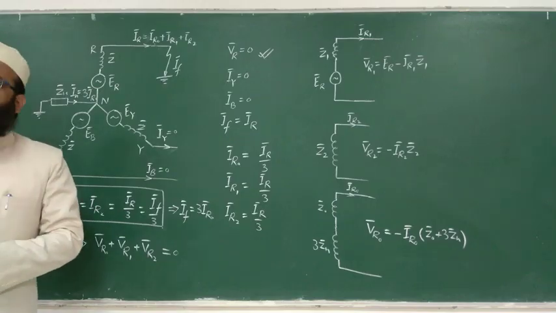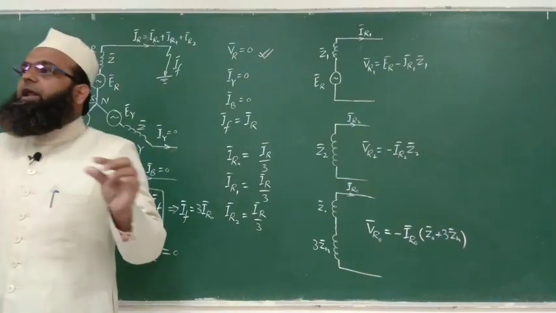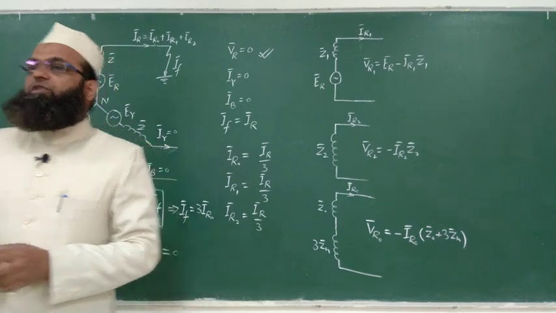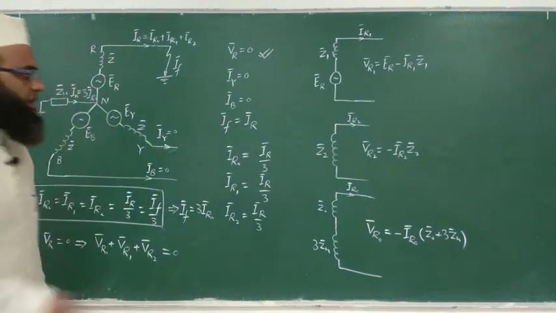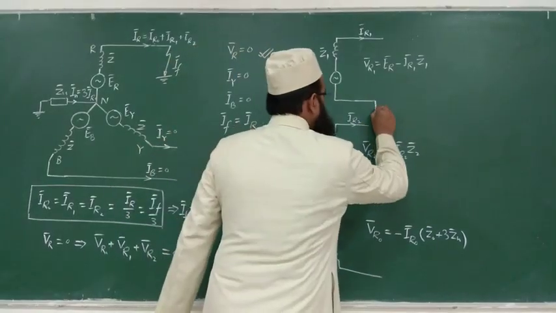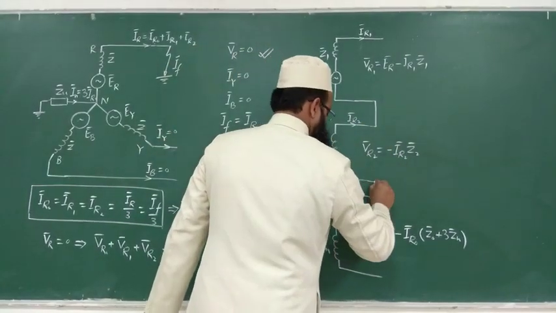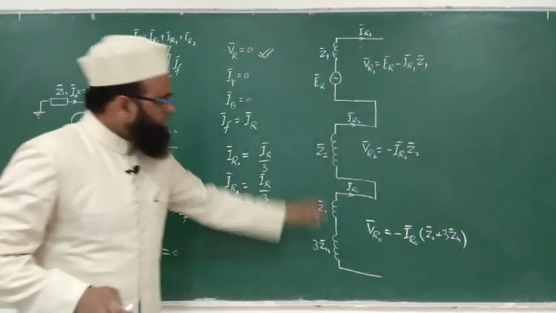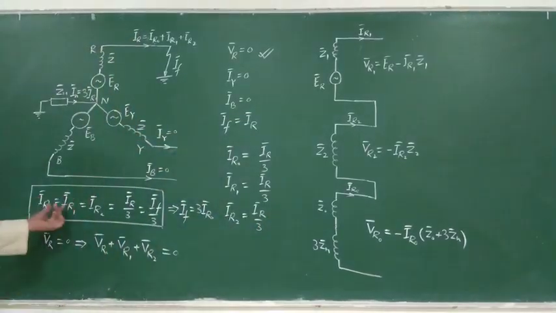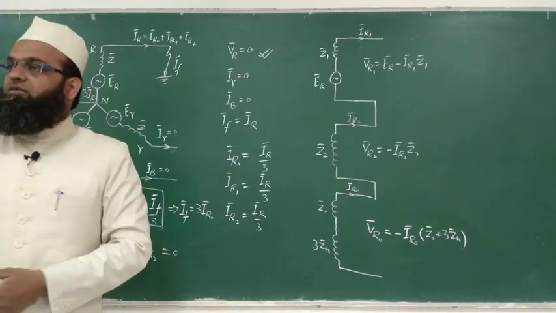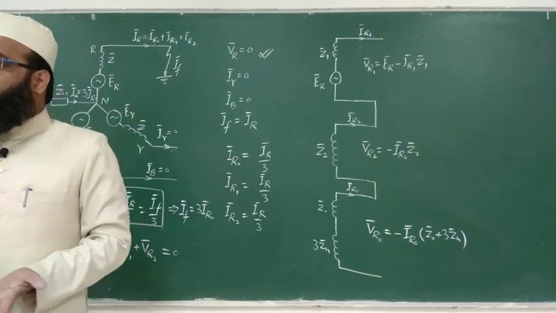It is only possible when the three currents are flowing through a series connected network, right? So it means these three networks will be series connected. Only this information can be obtained from this equation. There may be some other network connected in series, may or may not.